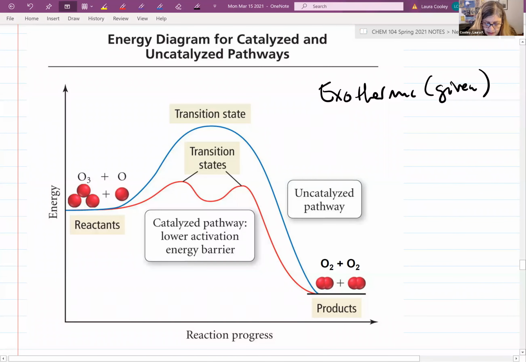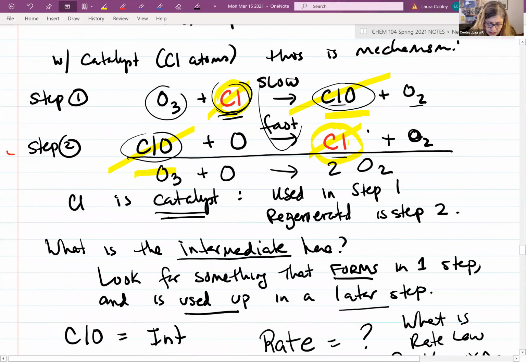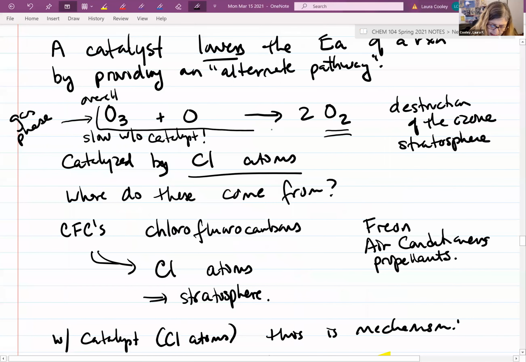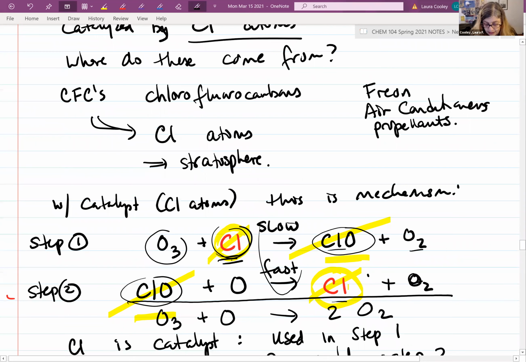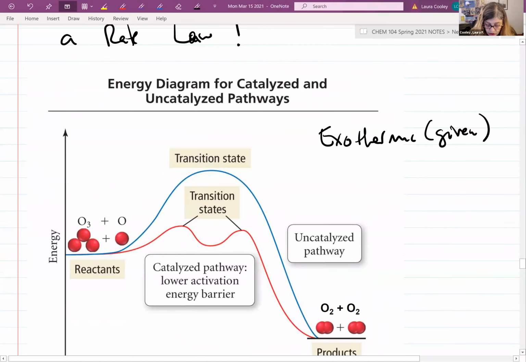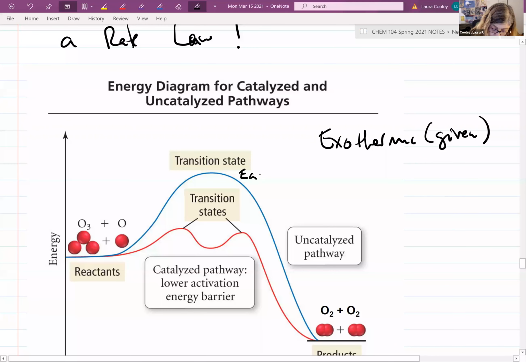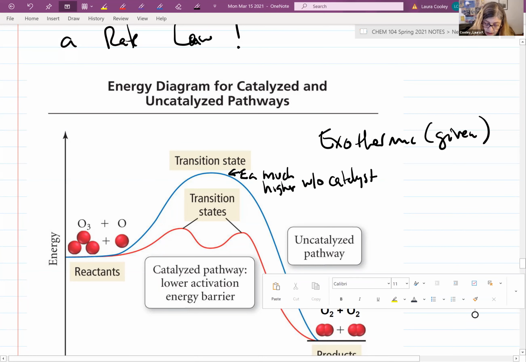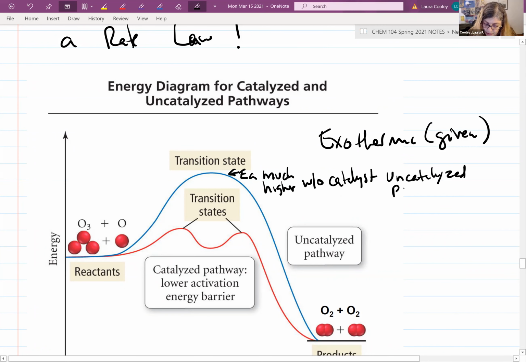Without the catalyst, there's nothing to decrease the activation energy or provide that alternate pathway. This is like another path of undergoing the reaction. So the activation energy is much higher without the catalyst. Okay. So this is the uncatalyzed pathway.